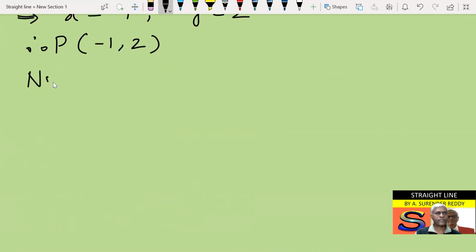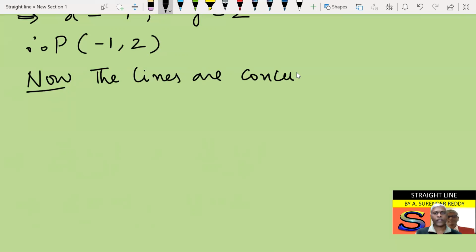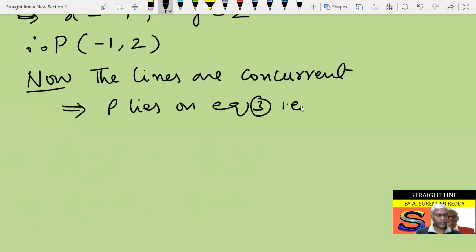So now, it is given that the lines are concurrent. The lines are concurrent, so this implies P lies on equation 3, that is the third equation, px plus 4y minus 6.